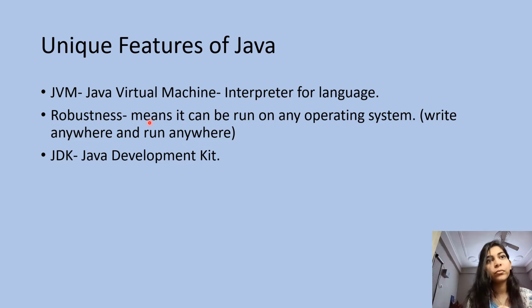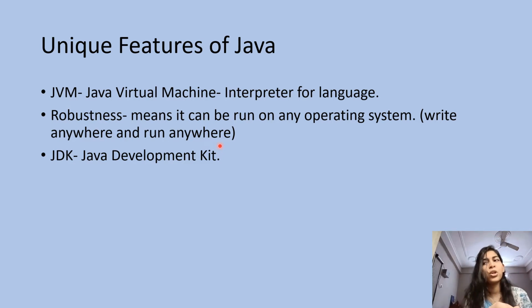Now, Java is something which can be made and run on any operating system, right? You can write it anywhere and it can be run anywhere. It is not specifically made for the system in which the code is written, as we had in assembly language.